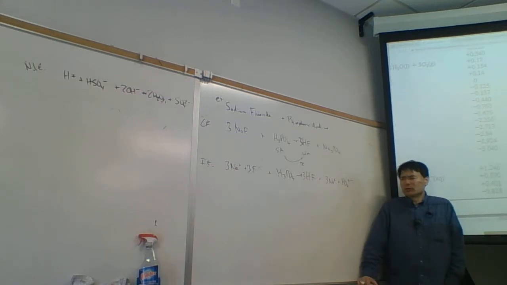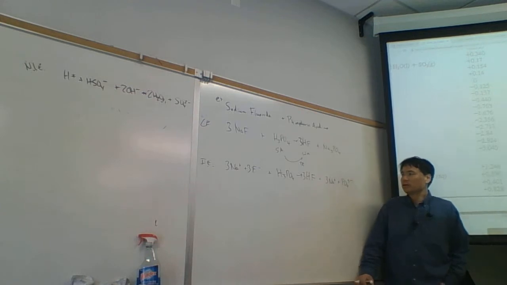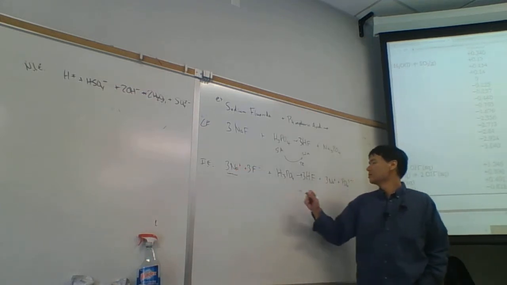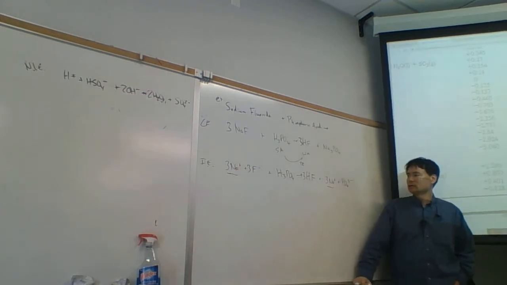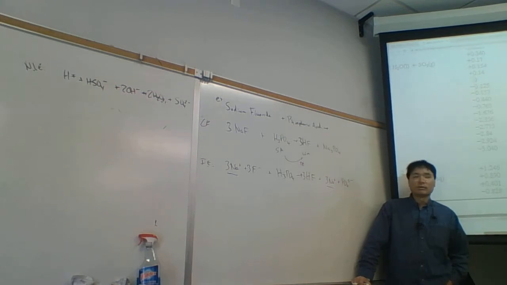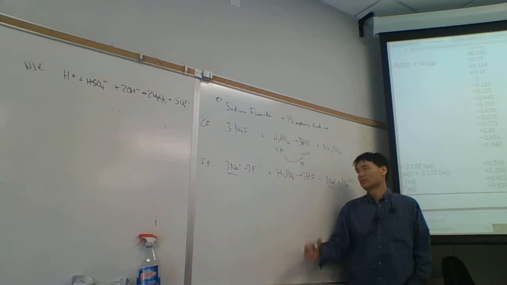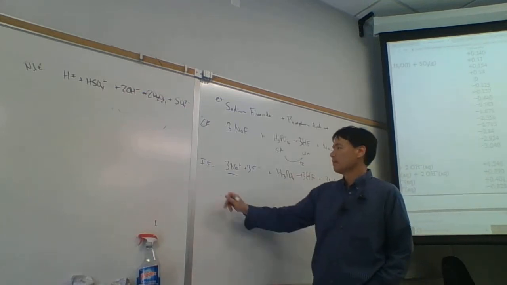And then we get rid of what doesn't change. On the left, going to the right, sodium, yeah. So we're going to get rid of the sodiums. Those didn't change. How about the fluoride? Did the fluoride change? Yeah, on the left it's fluoride, on the right it's hydrofluoric acid. Two different things.